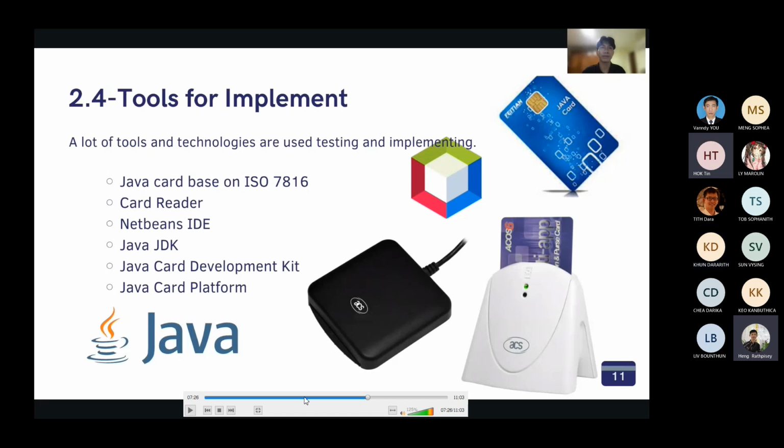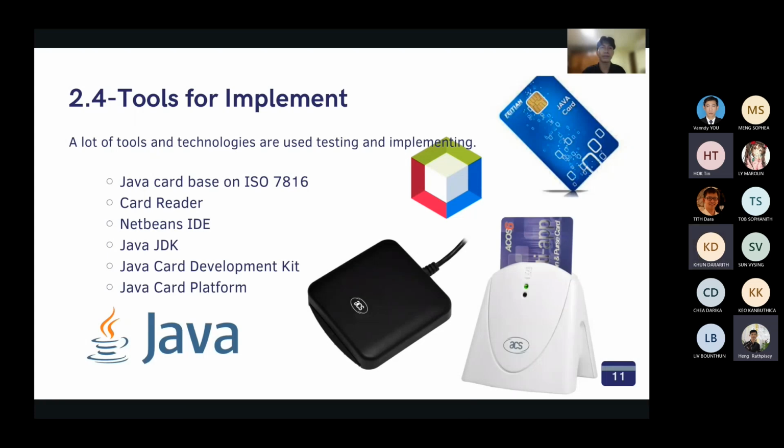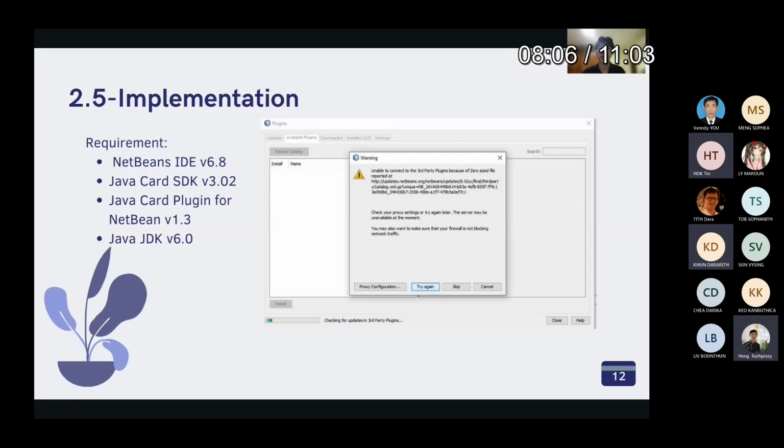And what is the problem that you cannot install your SDK? I think it is about the JDK and also the IDE, because the requirements that I found on resources on the internet require version 6 of NetBeans, and actually NetBeans nowadays comes with version 12.